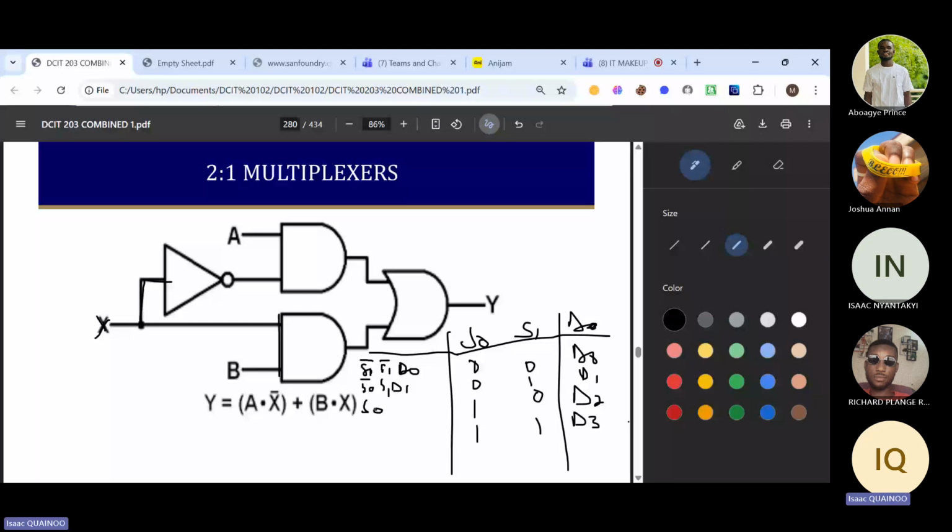And then 1, 1, which is if you have S0 and S1, then D3 will be selected. So just add everything. You add this to this to this, and then you obtain the logical expression for those.